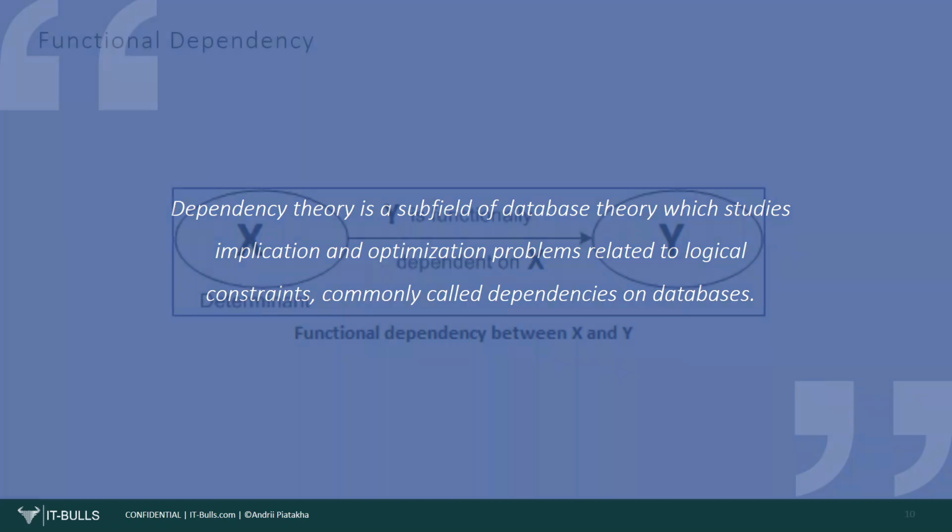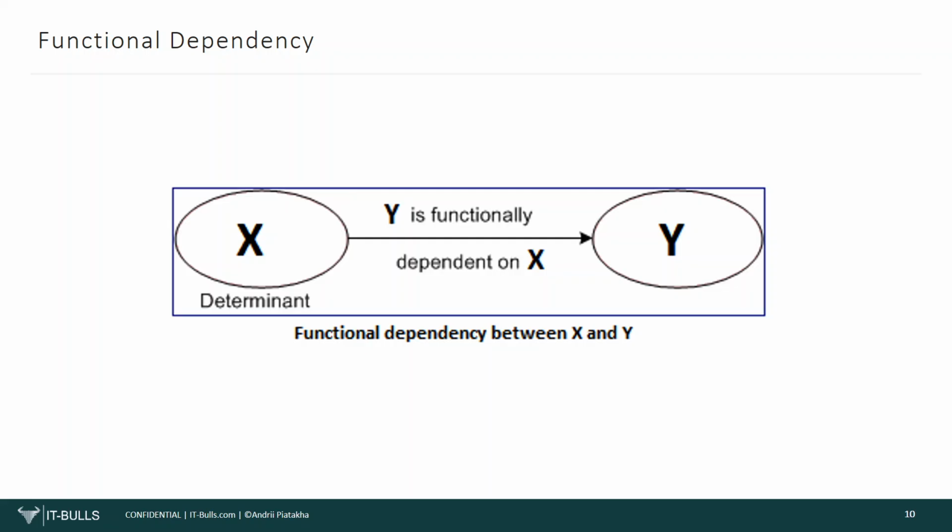Let's start. As I already said, one of the main concepts in dependency theory is functional dependency. Functional dependency tells us that if we have two attributes x and y of some relation, then y is functionally dependent on x if at any moment of time each x value matches only one y value.